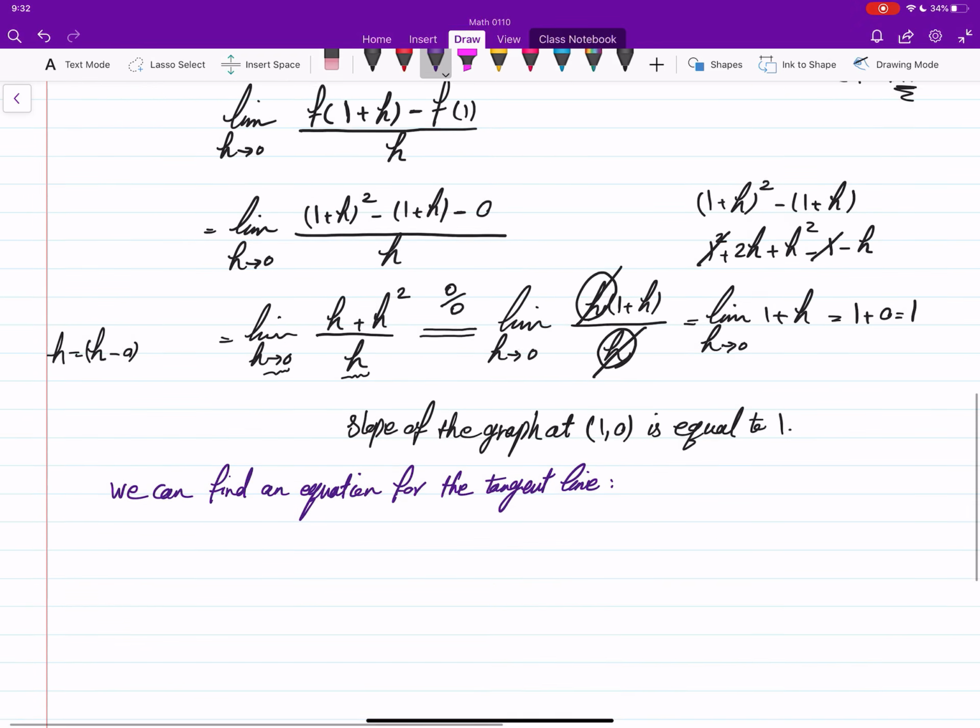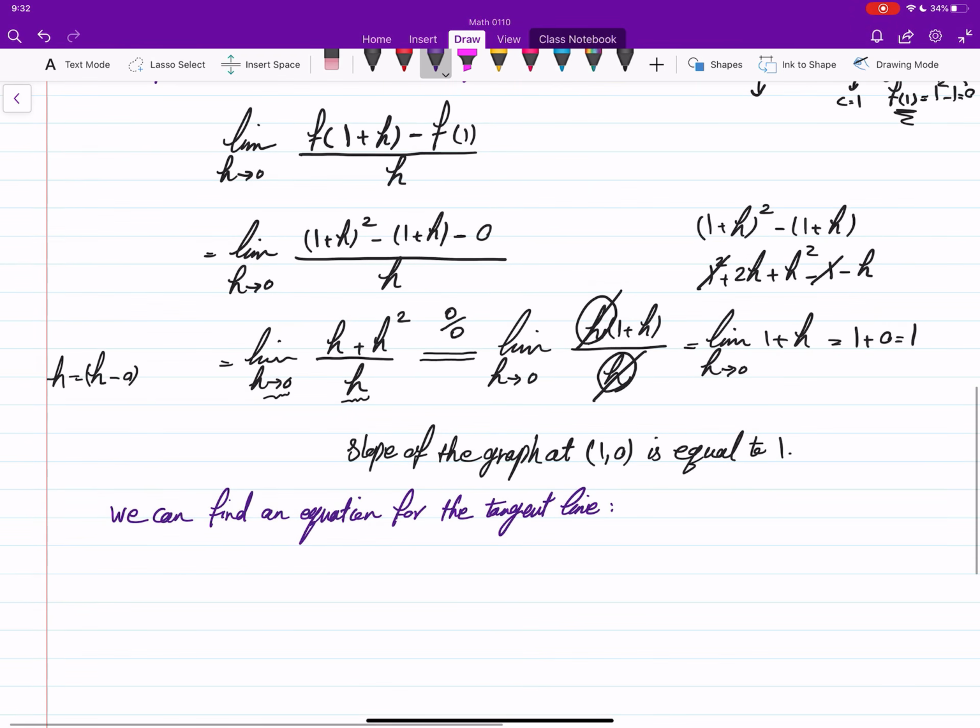How? Well, we know that the point (1, 0) is on the tangent line because the tangent line touches the graph exactly at that point. And the slope we just found is 1.